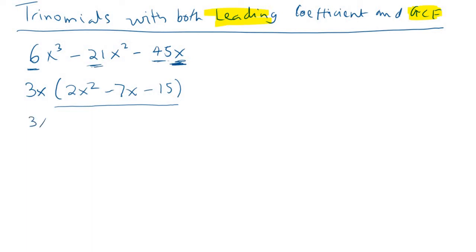I'm going to keep this 3x going all the way, and I focus on what is inside. I need to convert that 2x squared to a perfect square. So I need to multiply everything by 2 and divide by 2. Multiplying everything by 2 gives 4x squared minus 14x minus 30. Remember, I multiply by 2, so I must divide by 2.